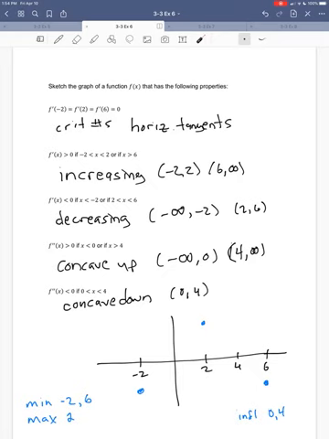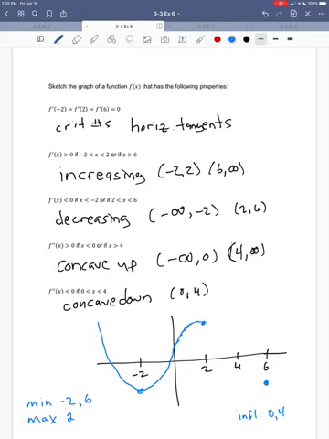It's going to be concave up from -infinity to 0. So it's going to be bowl shaped up as I come down here to -2 and then come here to 0. But at 0 it has to change and become concave down. So it's going to start being bowl shaped down there, and it's got to go through this point.